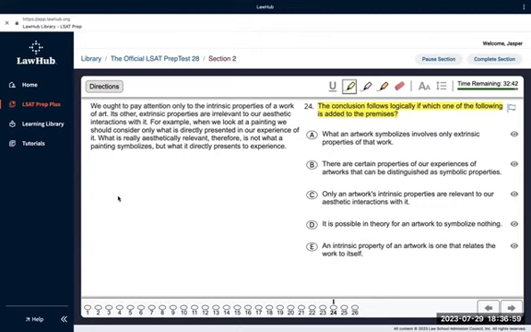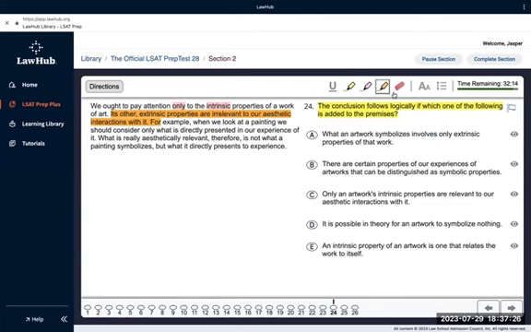Okay, so we ought to pay attention only to the intrinsic properties of a work of art. Its other extrinsic properties are irrelevant to our aesthetic interactions with it.